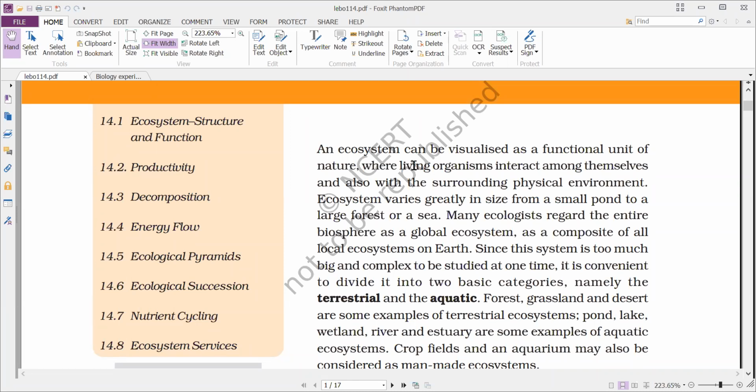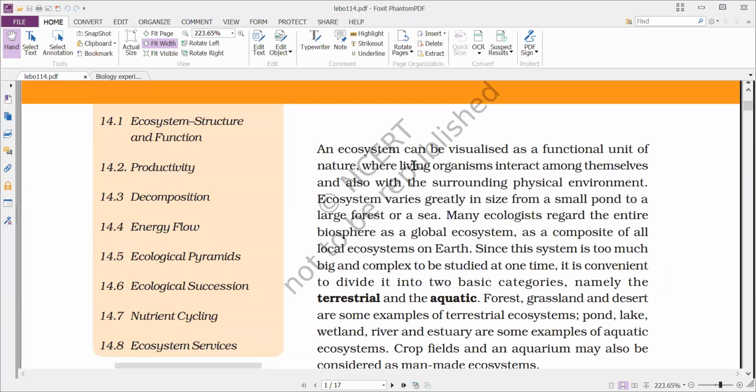It may be the light, wind, water. So this interaction between organisms and the abiotic components of that environment, we are calling it the ecosystem.